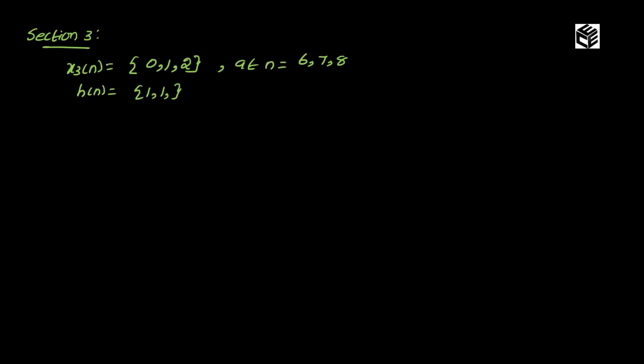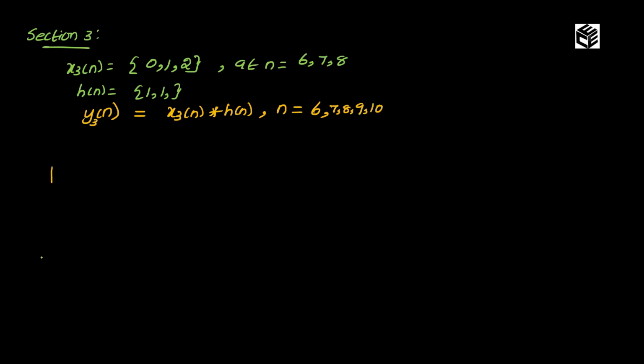Understood? I have written the x3 of n value and h of n value, and the starting point of x3 of n, that is n equal to 6, 7, 8. Now I am going to perform linear convolution for this. My output will be y3 of n, which is x3 of n convolved with h of n, and my value of n is 6, 7, 8, 9 and 10.